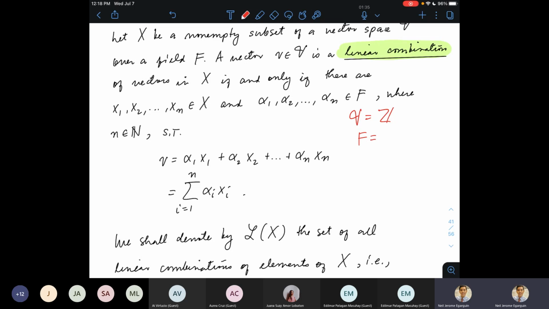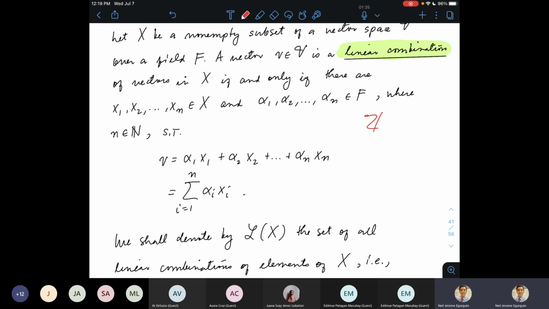I was thinking, for instance, integers. Kung meron kang integers, yung mga even integers ay linear combination ng mga even integers, right?